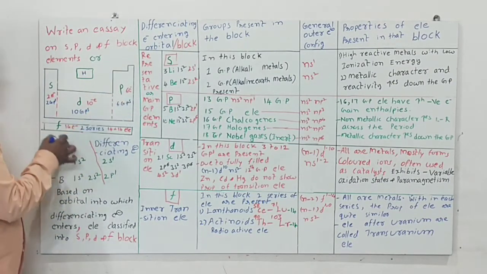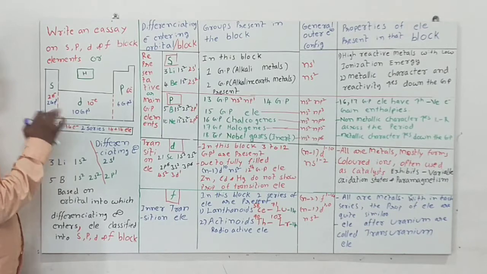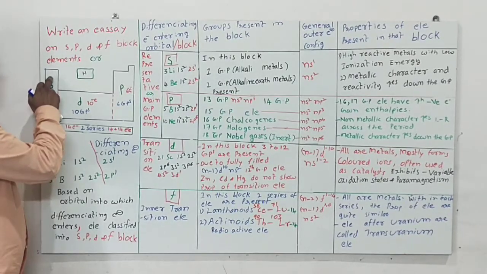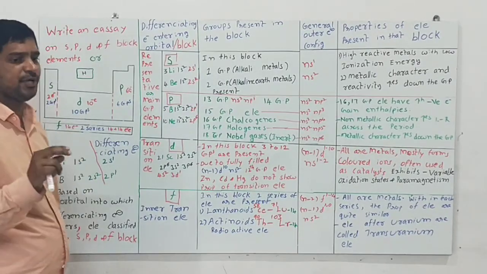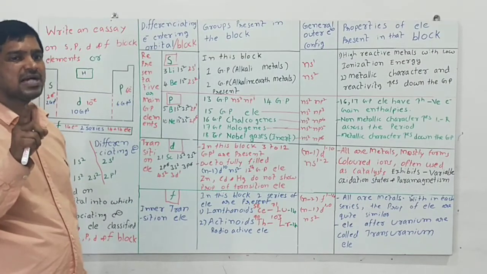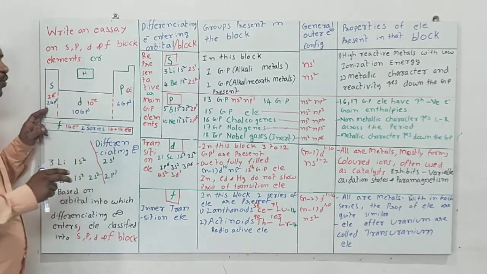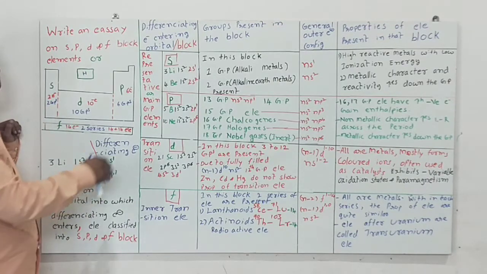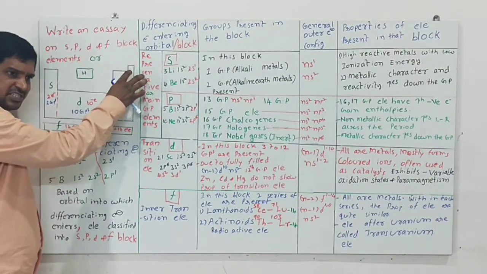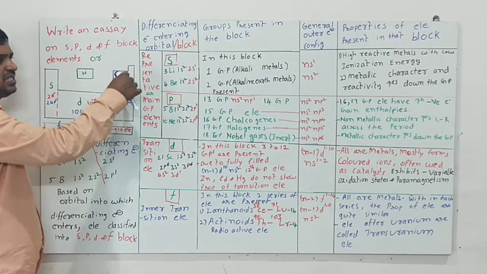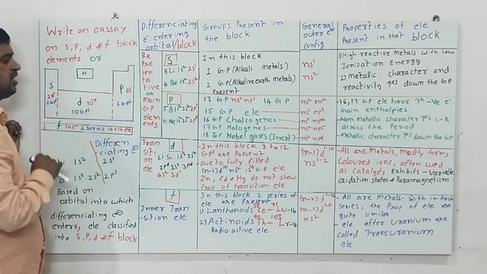So this is the periodic table. We have 4 blocks of elements. One is S block. S orbital can accommodate a maximum of 2 electrons, so it consists of 2 groups of elements. Next, p orbital can accommodate 6 electrons, so it consists of 6 groups of elements.